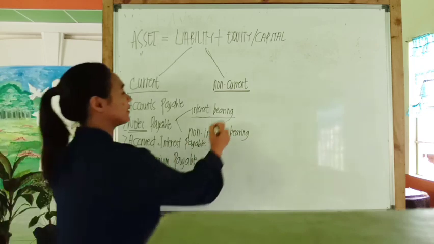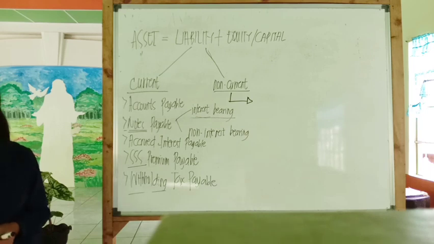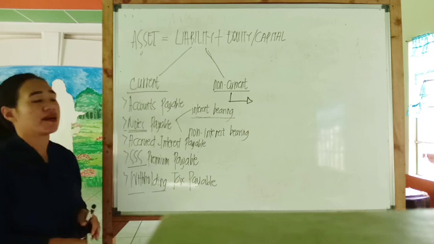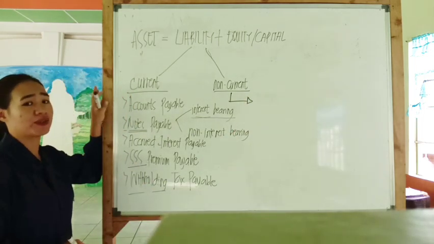Another thing, non-current liability. So, ano yung mga example ng non-current liability natin? Sabi natin last time, basta one that does not meet the qualifications of your current.